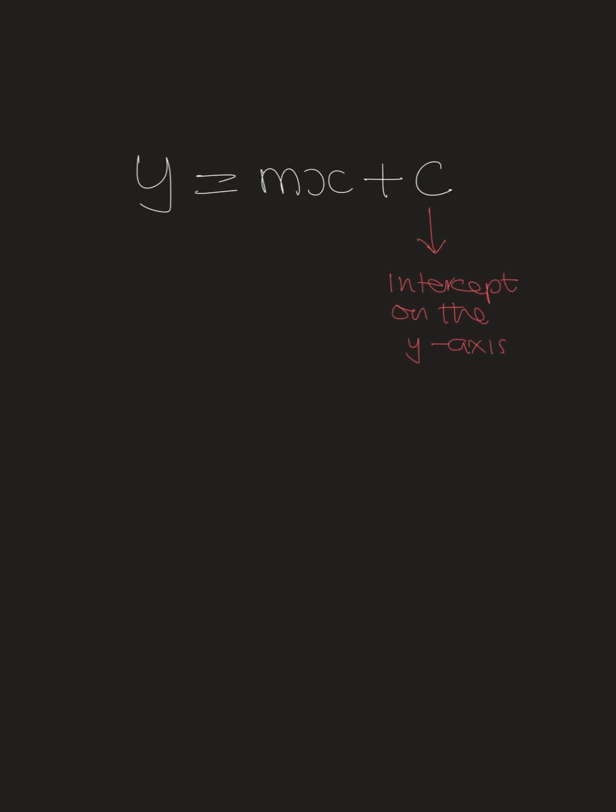So if you have the x and y-axis of your graph, and let's say we have the graph indicated with the blue line, the point where the graph cuts the y-axis is known as the y-intercept, and it is represented here with the green dot.